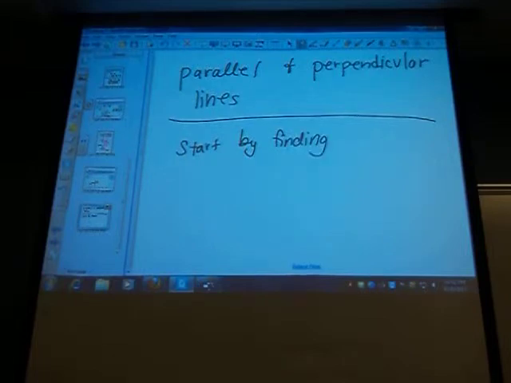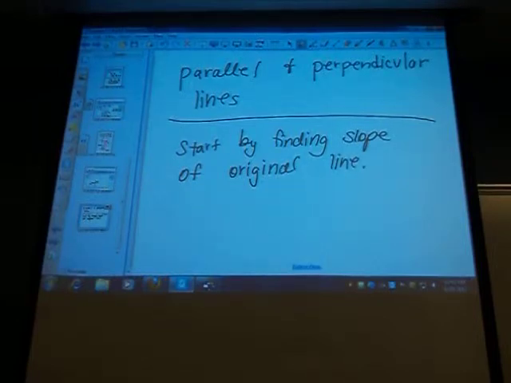Well, parallel lines have exactly the same slope. But I gotta find the slope of the original line before I can do anything else. Now to do that, you may have to do some stuff to the original line.